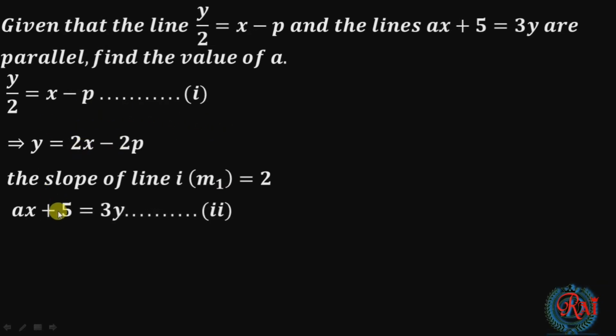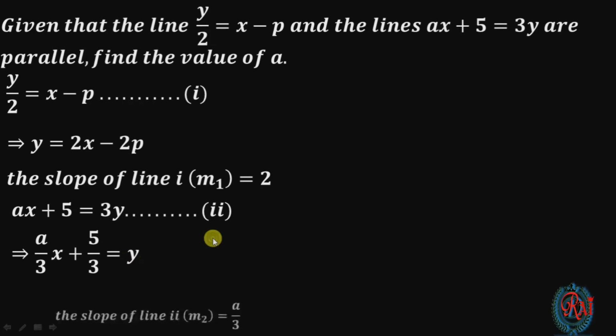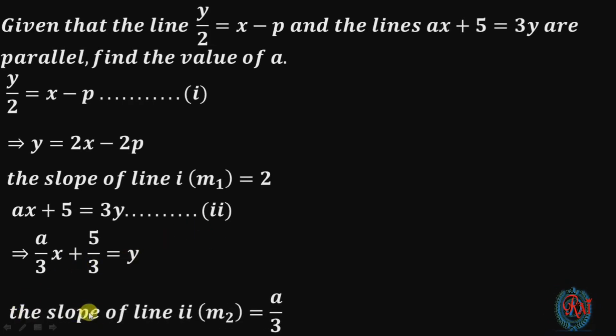Similarly, our line 2, that is ax plus 5 is equal to 3y, can be written as y is equal to a by 3 x plus 5 by 3. So from here we'll get the slope of line 2, which is m2, is equal to a by 3.